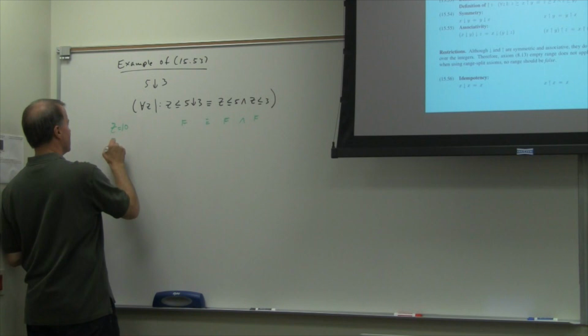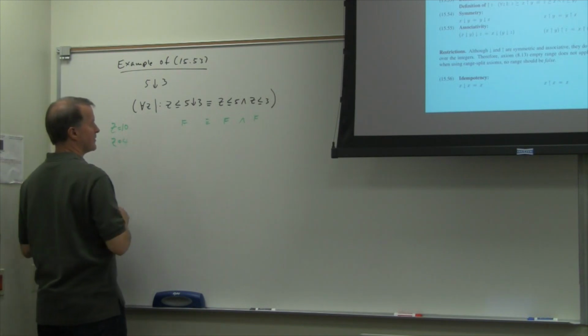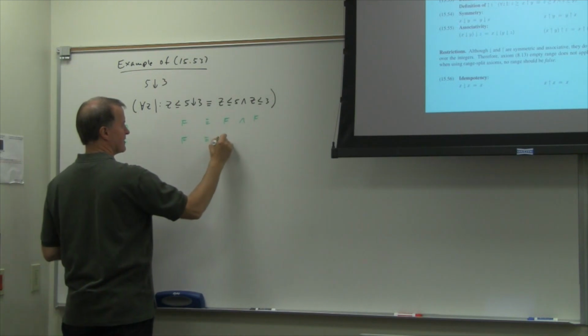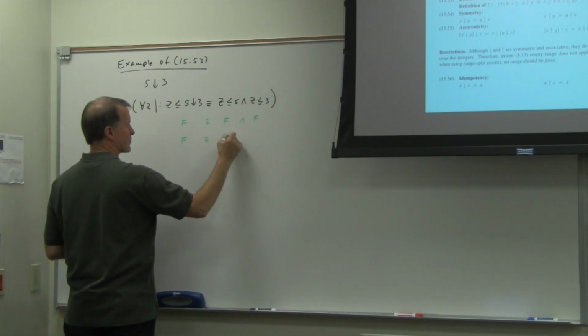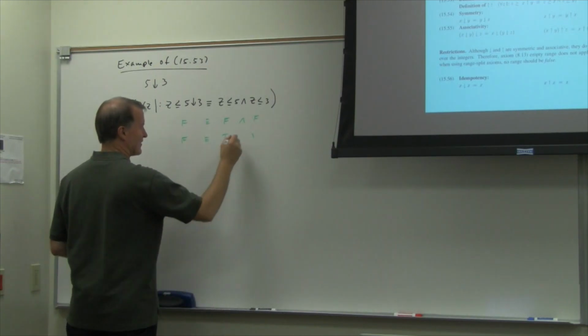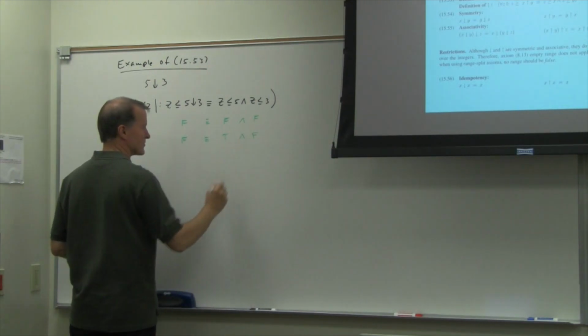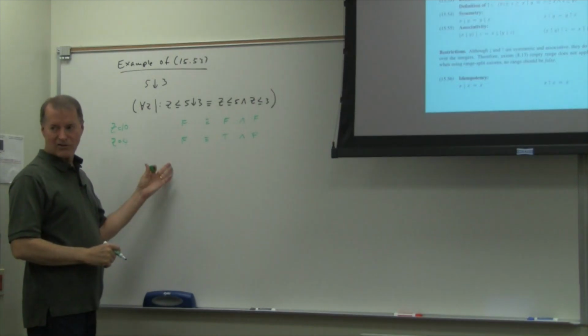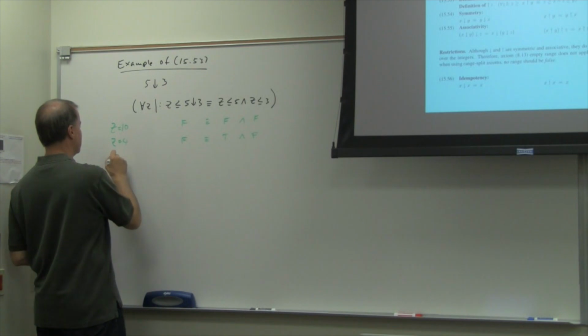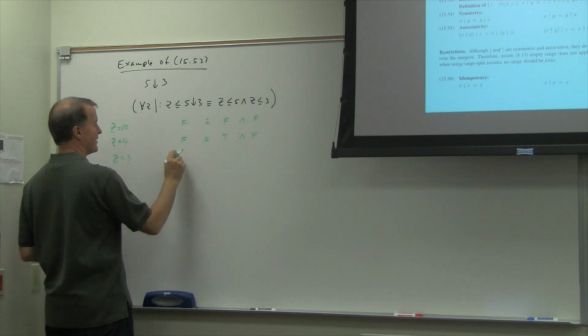Now let's do z equals 4. What would this be? False equivales true and false. But that also holds, right? And let's have it be 3. Then what would this be?